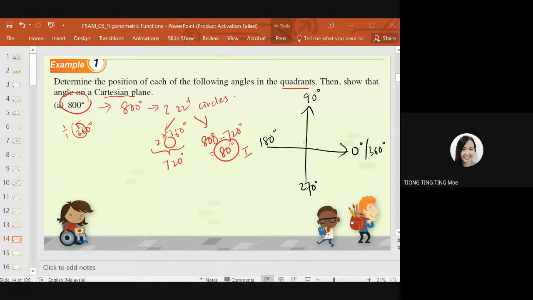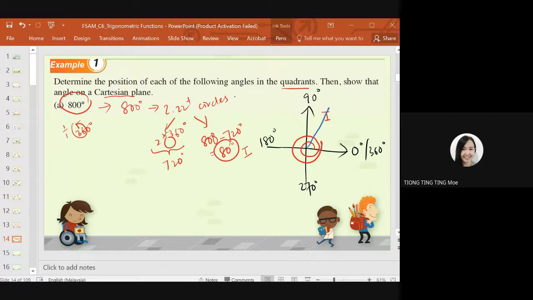How many circles? 2 circles. 1 circle, don't stop, 2 circles. Then continue and stop at quadrant 1. So your line ends here, you know where 80 is, maybe more to here.